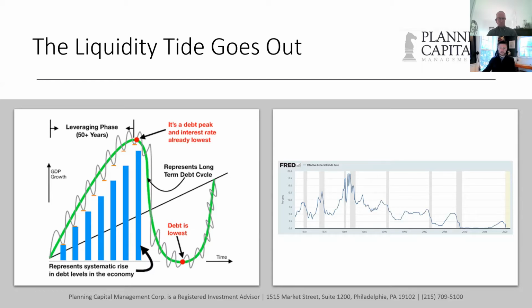And these long-term debt cycles are marked by basically changes in the way that currency is handled. So, back in the 70s, we went off the gold standard, and since then there has been a period of incredible leveraging, just continuing to add to debt, and rates just keep going down and down over time. The point being is we are at what they would call, in this theory of the long-term debt cycle, a debt peak. And we have been at a debt peak for quite some time.